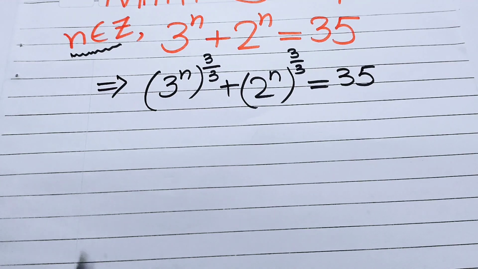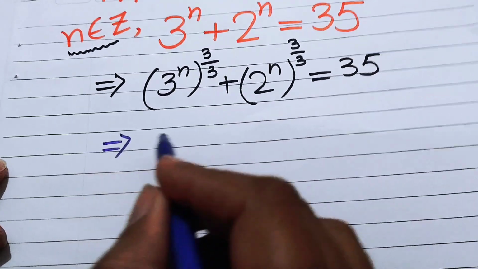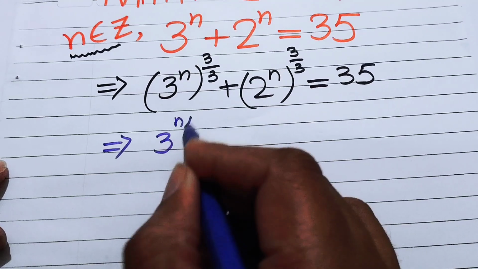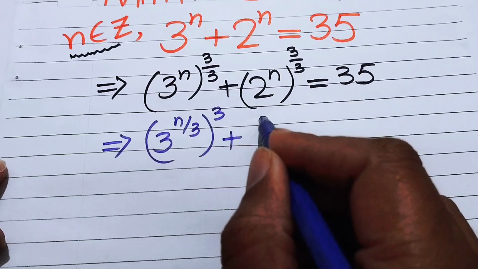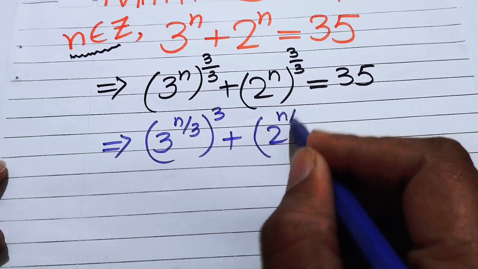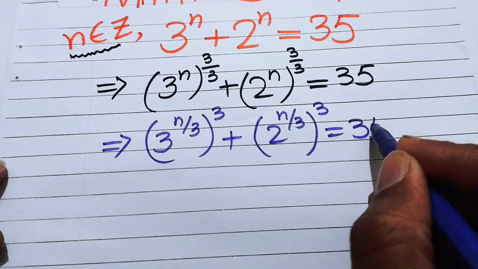law we will multiply the exponent 1 over 3 by n, and we will get the output in this form: 3 to the power of n over 3, and its whole cubed, plus 2 to the power of n over 3, and its whole cubed, equals 35.